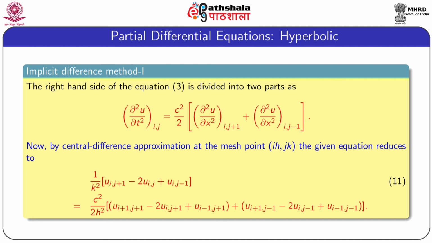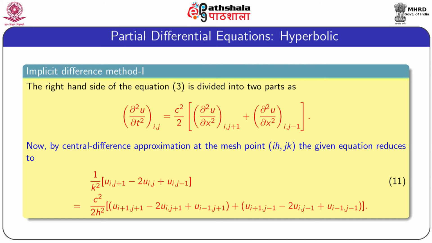And the right hand side, the first bracketed term, represents the approximate value of del 2u del x2 at the mesh point (i, j+1). Note that in this case the approximation is u(i+1, j+1) minus 2 u(i, j+1) plus u(i-1, j+1). That means the value of t remains unchanged, but the value of x is changed.